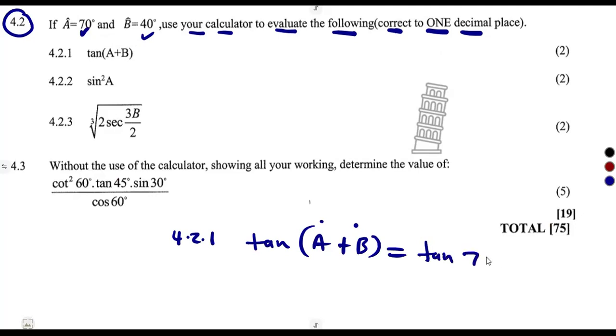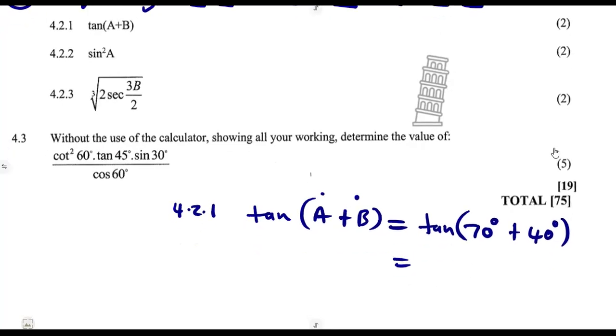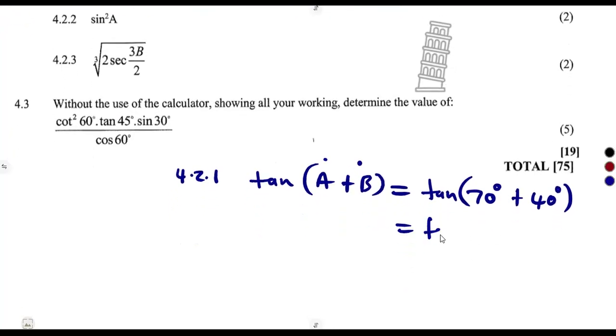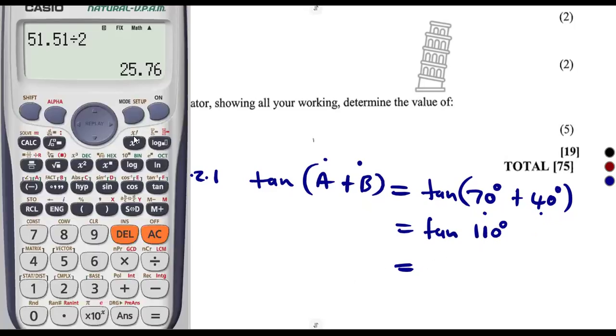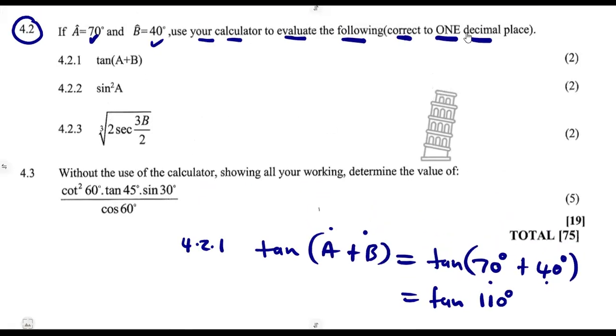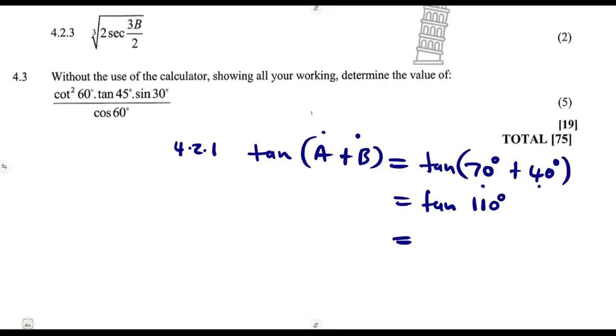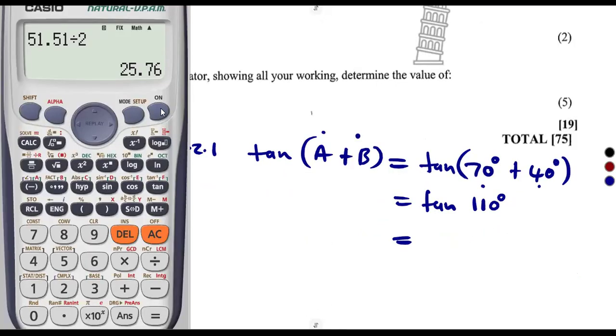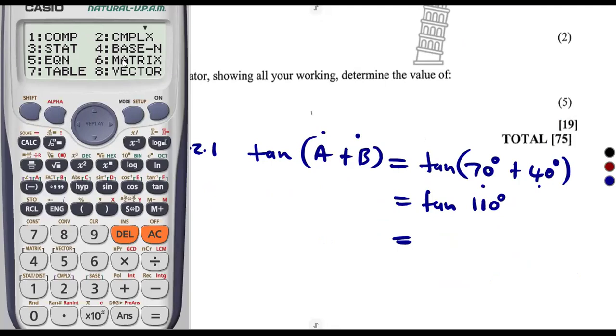So this is tan of 70 plus 40 like this. You can even add, use your calculators, or you can even add, guys, by head. 70 plus 40 is what? 110. Then use your calculator, tan 110 to how many decimal places as we are given? To 1 decimal place. Follow the instruction. So to 1 decimal place, this time we must fix our calculator.